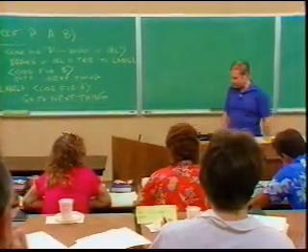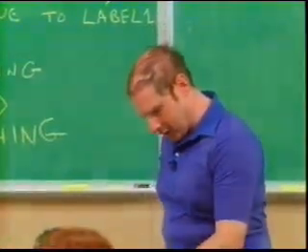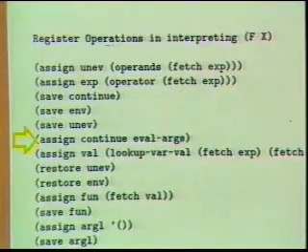Similarly, again, if we go back and look here, there are things like assign to continue eval args. Now that has nothing to do with anything. That was just the evaluator keeping track of where it should go next, right? To evaluate the arguments in some application.